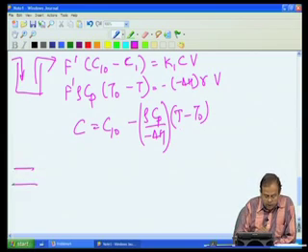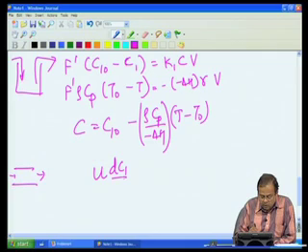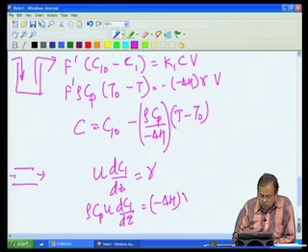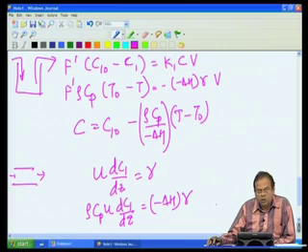What about tubular reactor? For tubular reactor, mass balance U dC1 dZ equal to R, rate of reaction, and rho Cp U dT dZ equal to minus delta H into R. Again, no heat added or removal term.